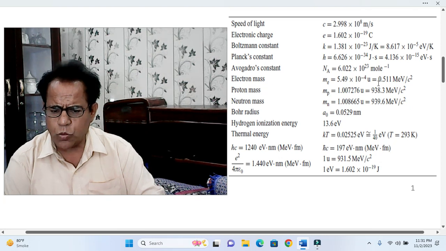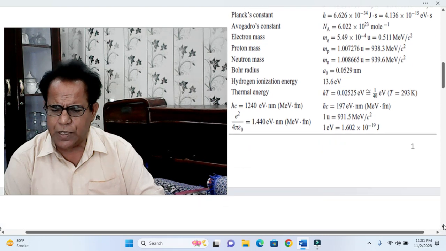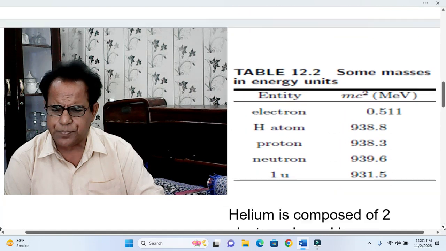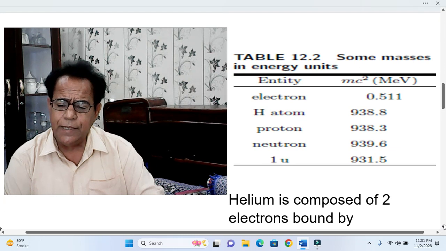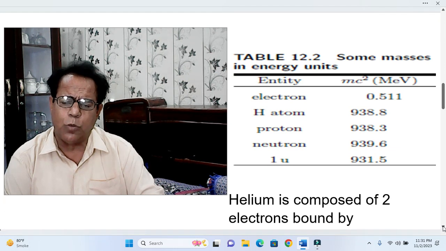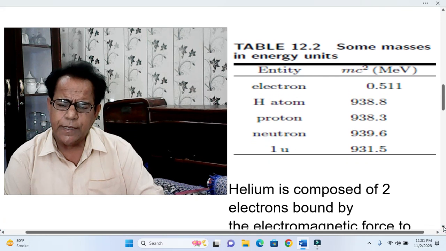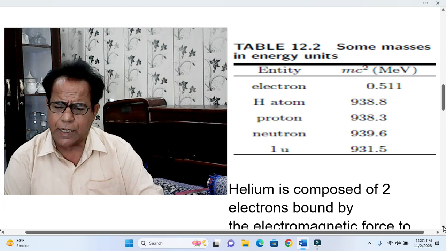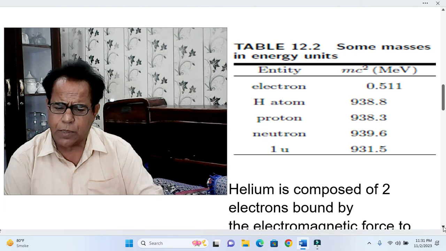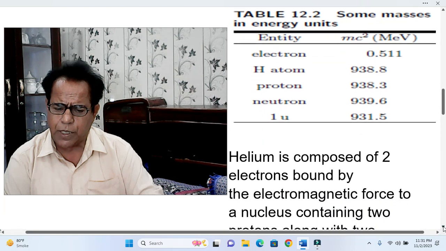Electron mass is equal to this, proton mass equal to this, neutron mass equal to this. Whichever value will be used, we will consult this table. The next table is also to some extent a sub table of the above table: some masses in energy units. Entity, mc square in million electron volt: electron, hydrogen atom, proton, neutron, one atomic mass unit.